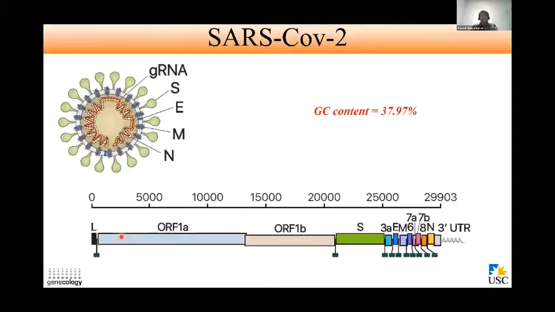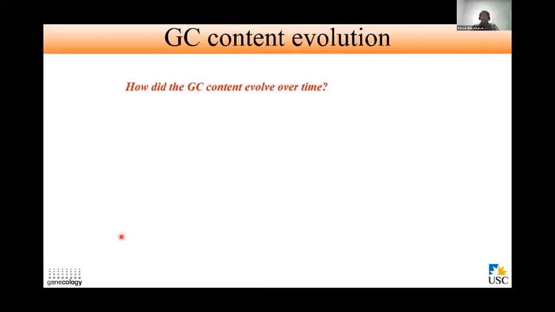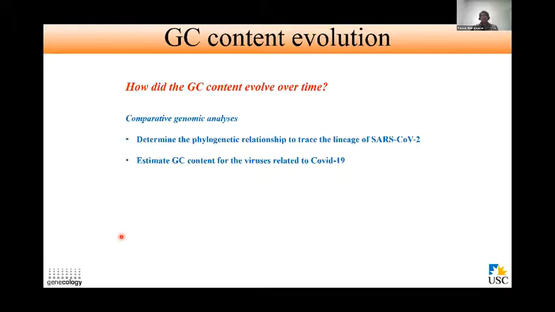Now, the GC content of the SARS-CoV-2 virus is 37.9%. And my main investigation is to understand how this level of GC content evolved in this virus over time. For this, I conducted some comparative genomic analysis.